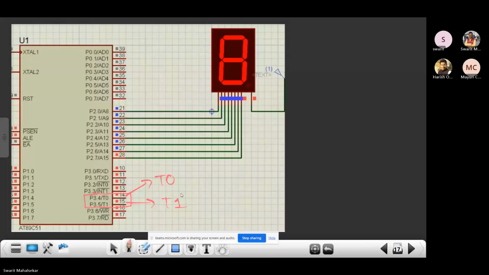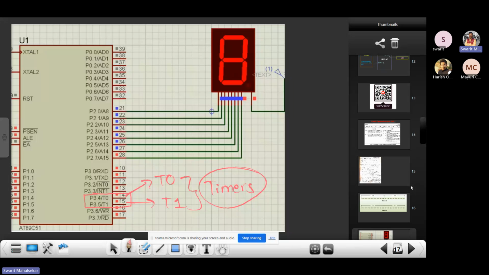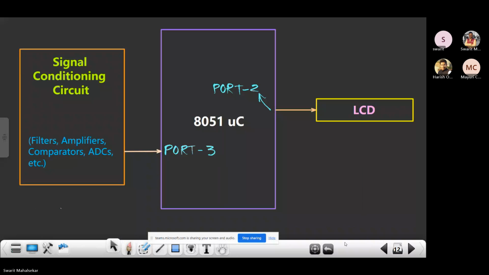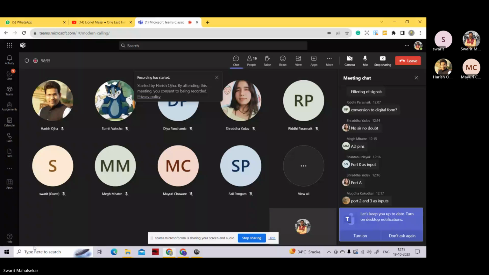These are timers. So these are my timers, and that's why I'm focusing on port 3. I'll use it as the input port, and you can use any of port 0, port 2, or port 1 as your output port. Okay. I hope this is clear. I hope everything is absolutely clear up till here. Okay. Everything is clear.